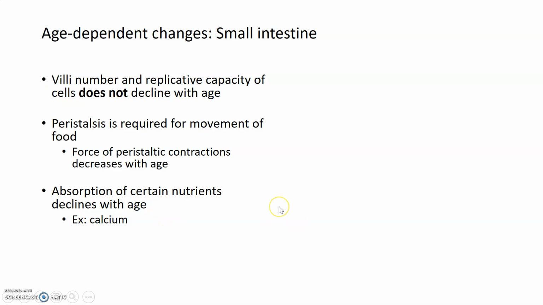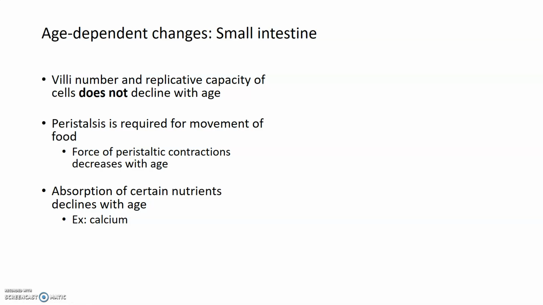But overall, there's not a massive change in the amount of absorption of every nutrient within the small intestine as we age. And that might actually be because of this less peristaltic force, right? So the longer food can stay in the small intestine, the more nutrients can be absorbed from it.